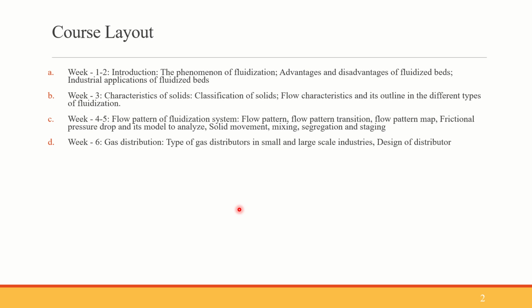Because the pressure drop becomes an important factor at such large scales, and we cannot use the ones which we use in the laboratory scale, because a large pressure drop leads to increased pumping capacity and therefore higher power consumption. So all these are controlling factors.